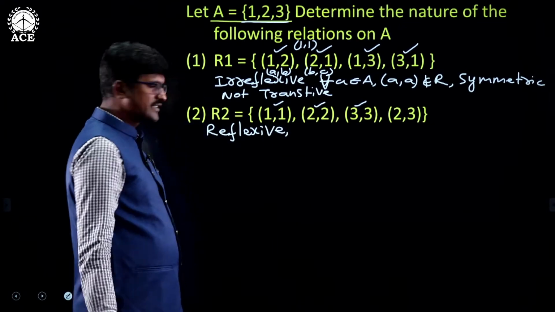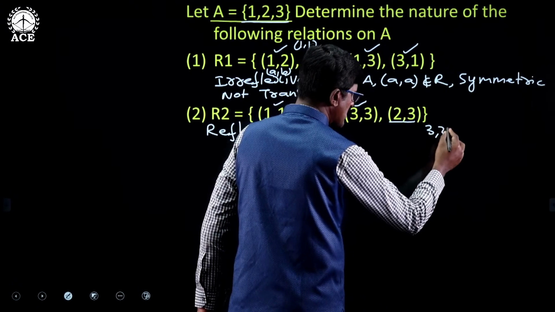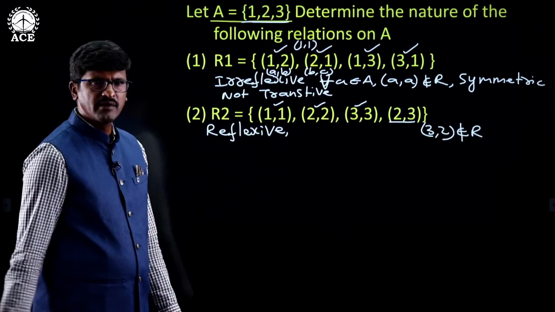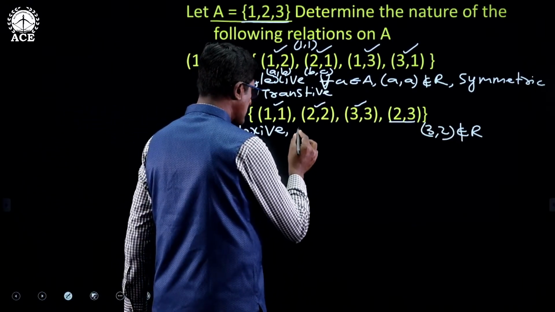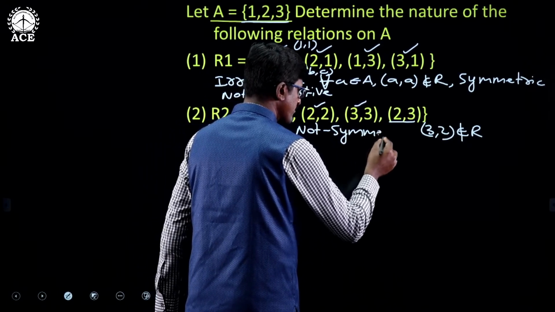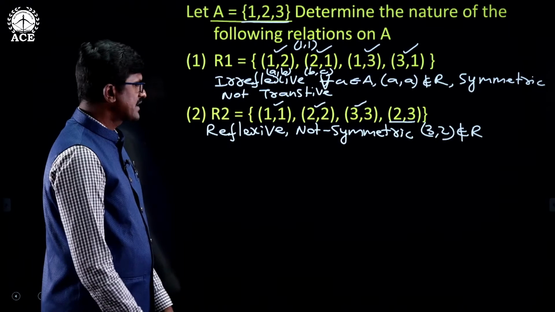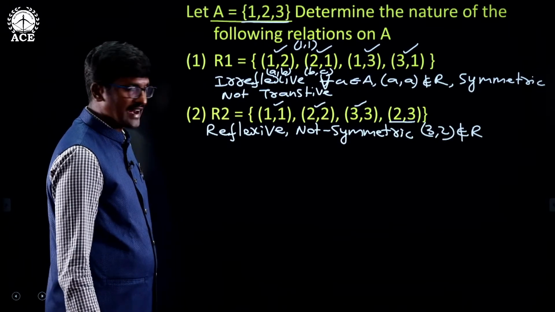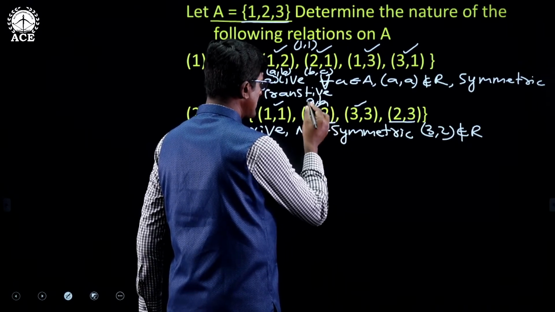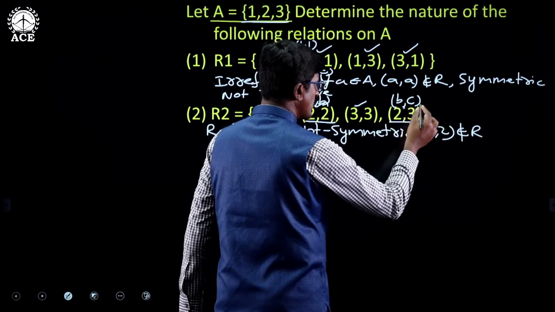Next, is it symmetric? (2,3) is there, but (3,2) does not belong to R. Only (2,3) is there. Therefore, this is not a symmetric relation. Next is the transitive property. This is like (a, b) and (b, c), so (a, c).